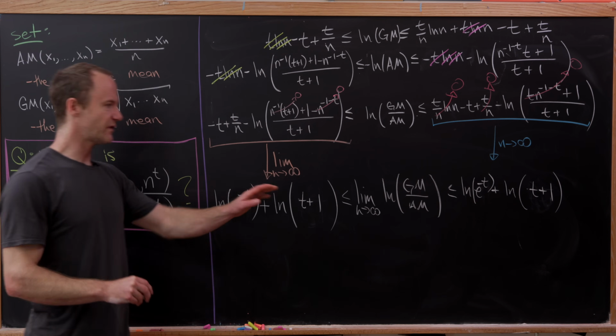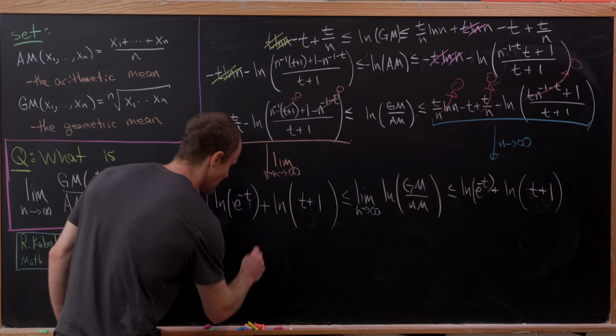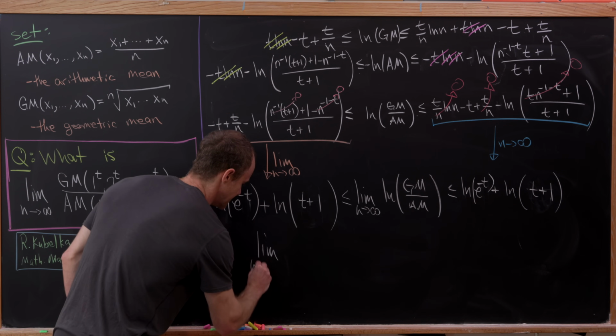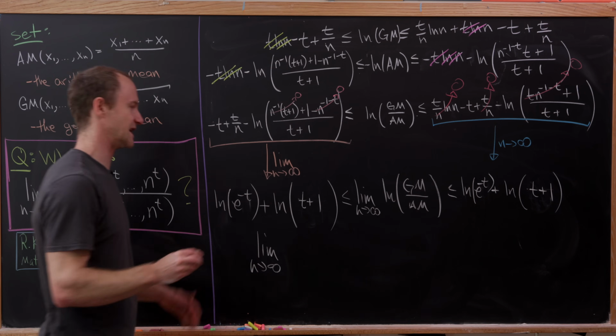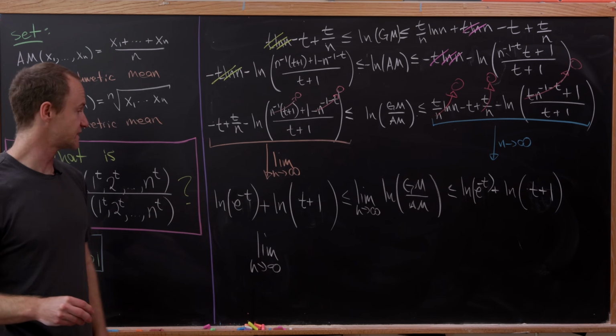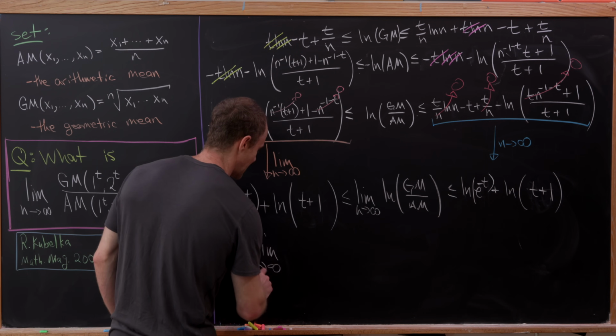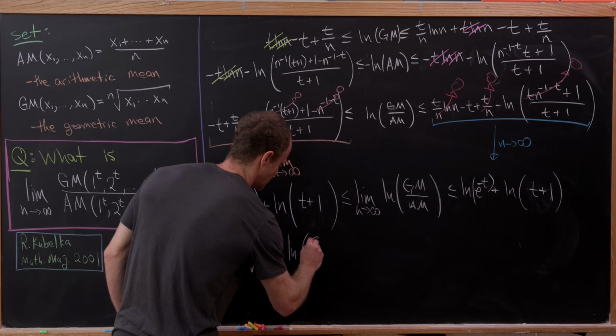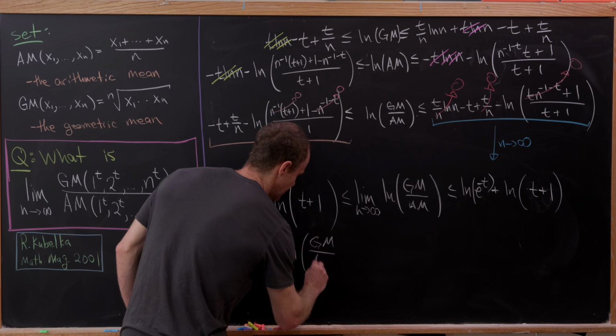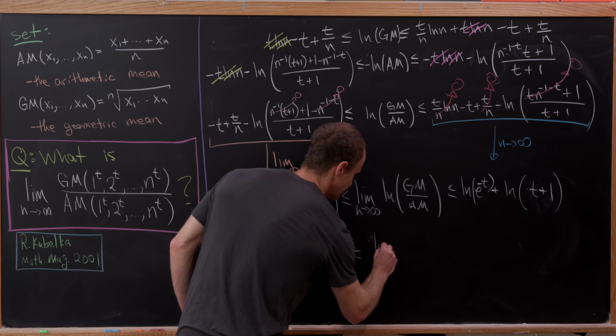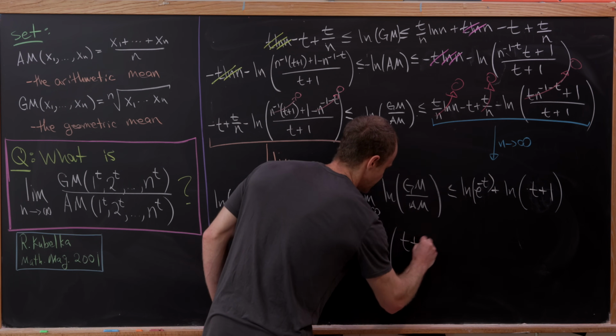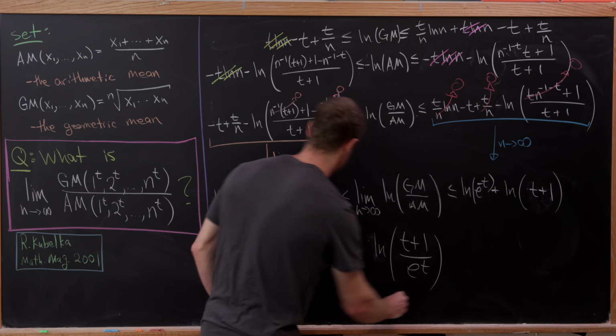But now we've got both sides the same. So that means that the limit is equal to, well, either of the sides, since they are the same. But then we can smush those together using logarithm rules, and we'll get the limit as n goes to infinity of the natural log of the GM over the AM is equal to the natural log of t plus 1 over e to the t.